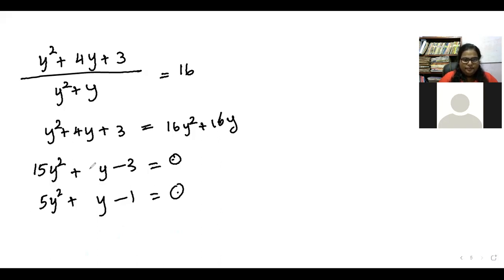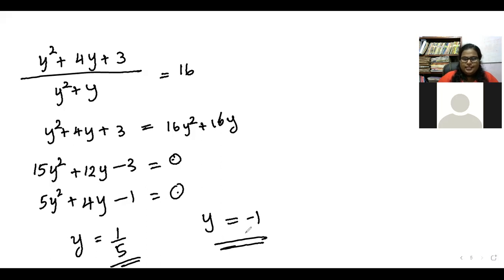Here 12y and 4y. So we can simplify this one and get two solutions for y. So this is y equals 1 over 5 and y equals minus 1. These are the two solutions we have.